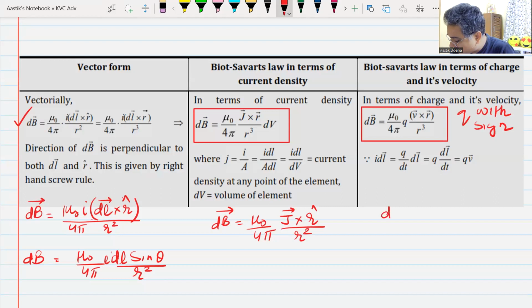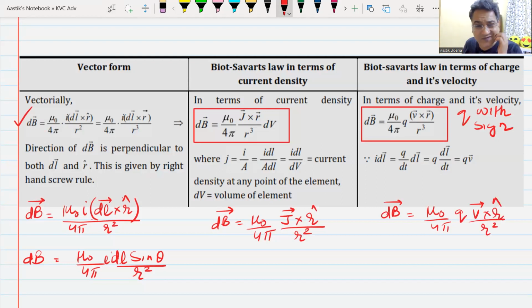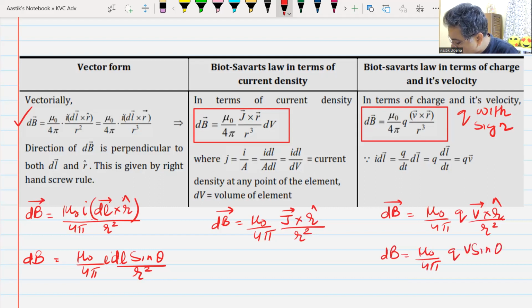You can also write this formula as dB vector will be equal to mu naught by 4 pi q v cross unit vector r divided by r square. Now the scalar form of this would look like this. dB will be equal to mu naught by 4 pi q v sine theta divided by r square.